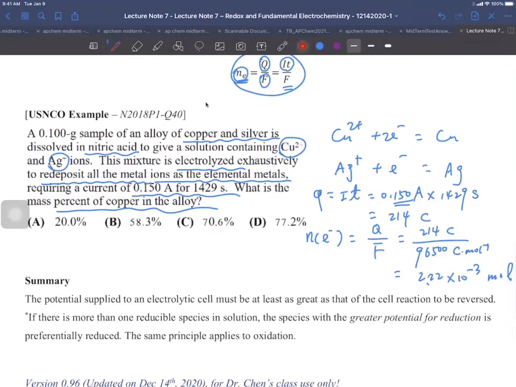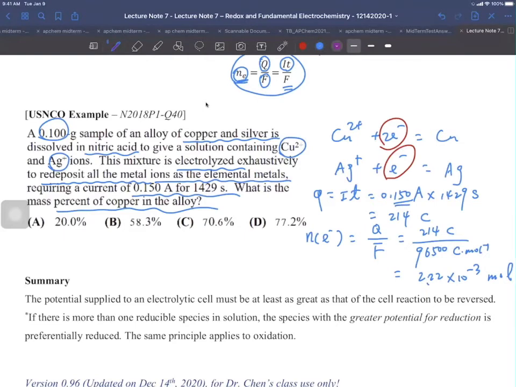But we need to pay attention. Each copper 2+ gains 2 electrons, but each silver plus only gains 1 electron, right? Another value we know is the total mass of the copper and the silver. So I think it's time for us to set up 2 unknowns, X and Y, because we have 2 independent equations, right?